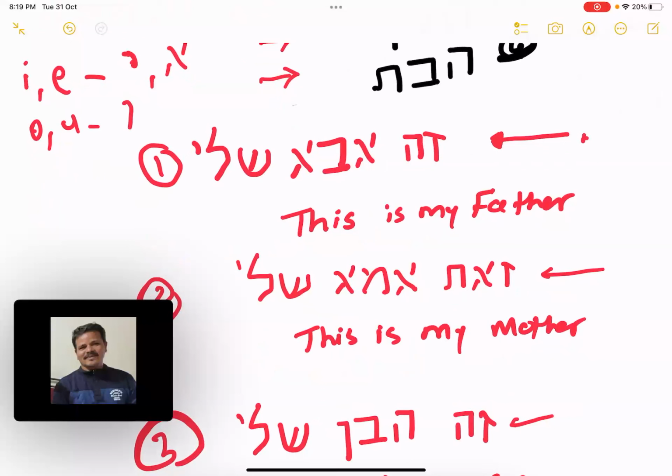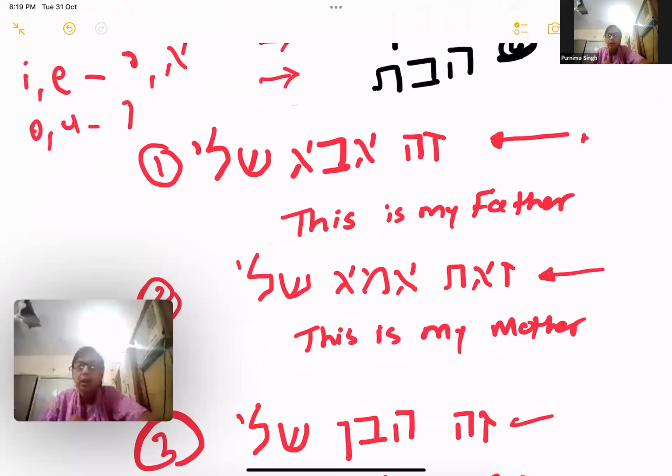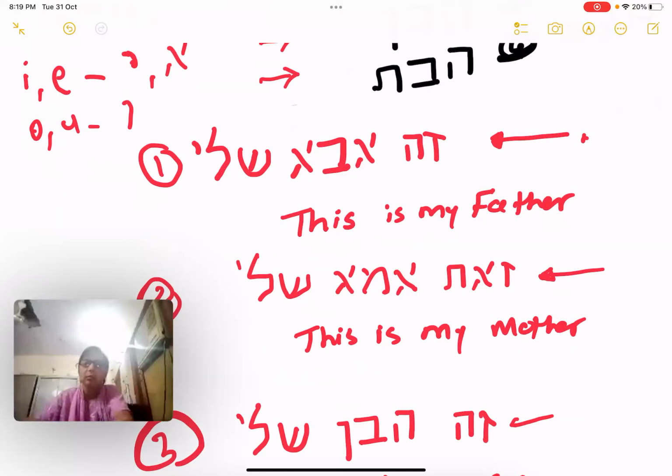Then this one. Zot ima sheli. Now ze is used for masculine and zot is used for feminine. Zot ima sheli, that means this is my mother.